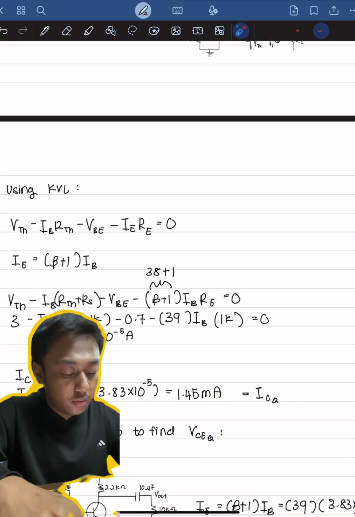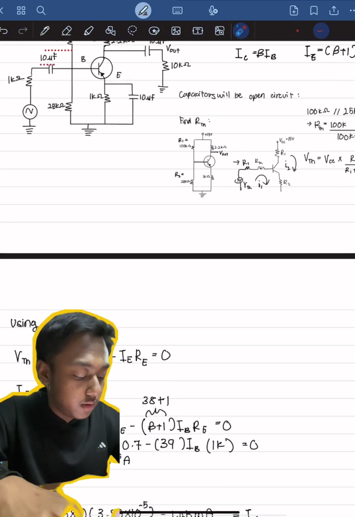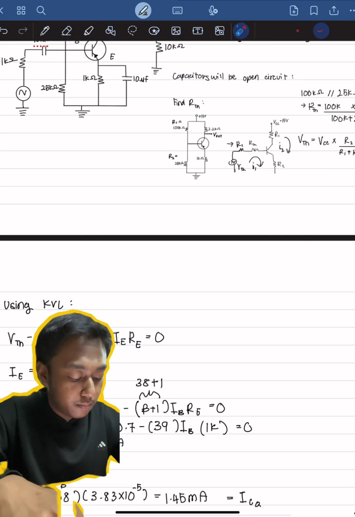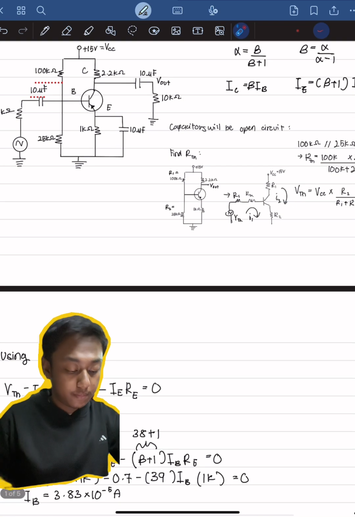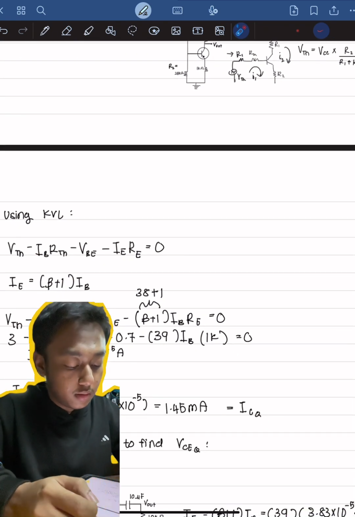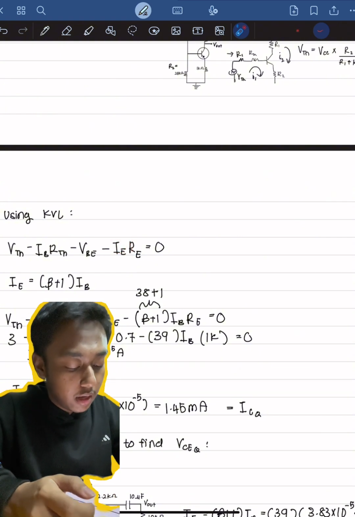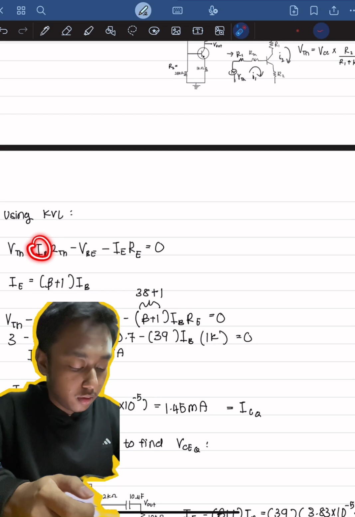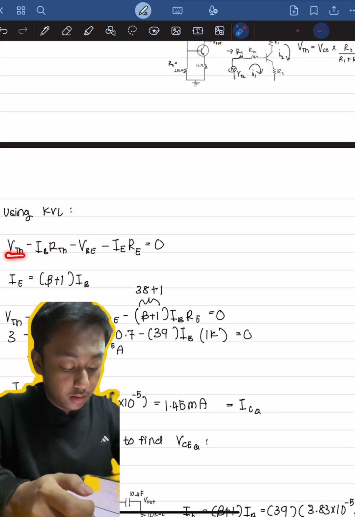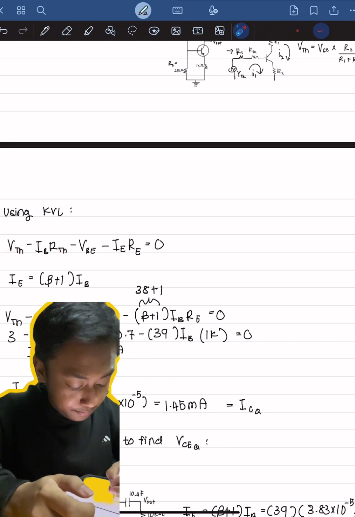So using KVL, we can say that VTH minus IB times RTH minus VBE minus IE times RE equals to 0. Okay, then we can replace the IE here to equalize to the IB here to make the same unknowns, since we already have VTH, RTH and also RE.